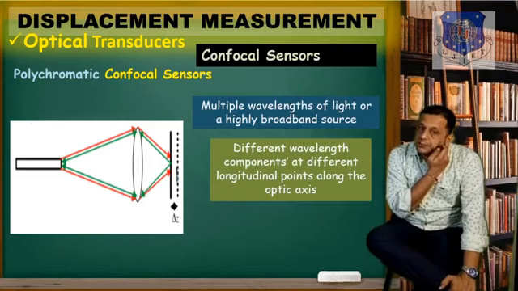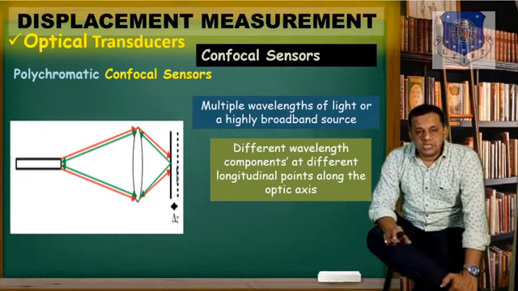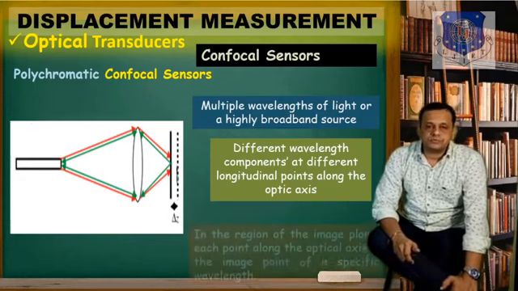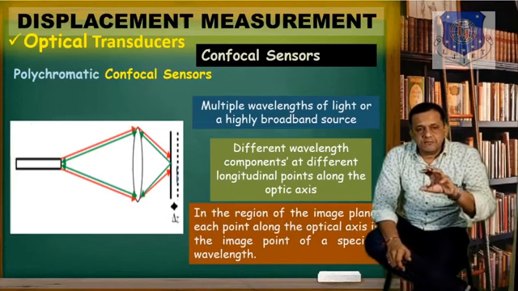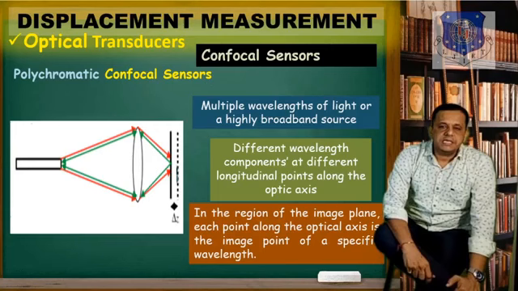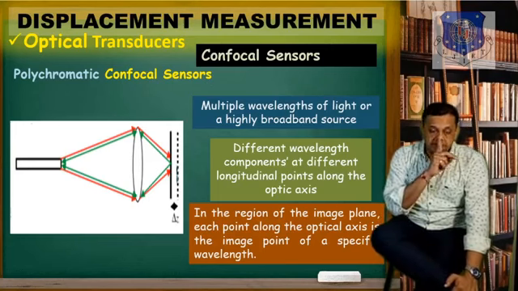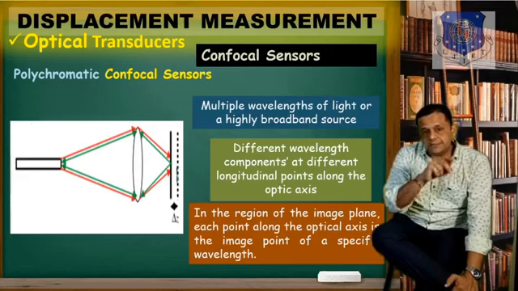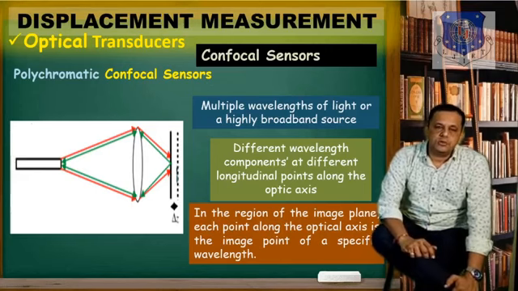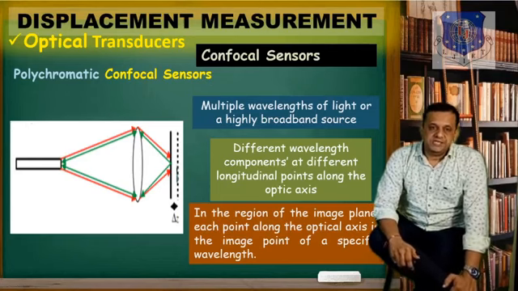Different wavelength components at different longitudinal positions on the object give you a very sharp image when the distance is to be detected. In the region of the image plane, each point has a different wavelength, and with a specific wavelength for each image point, it gives you much better results.